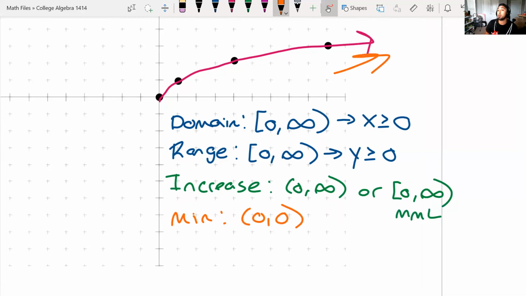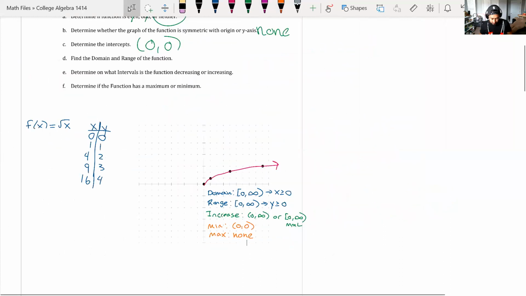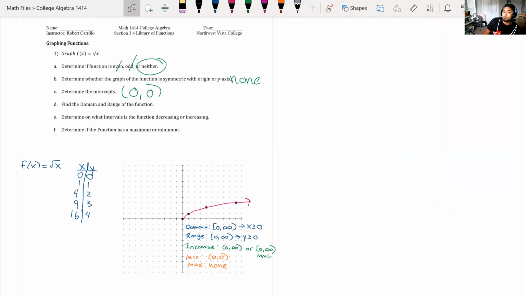And since this graph is headed towards infinity, there is no maximum. All right. And there it is. That's finding the characteristics out of a function based on its graph.